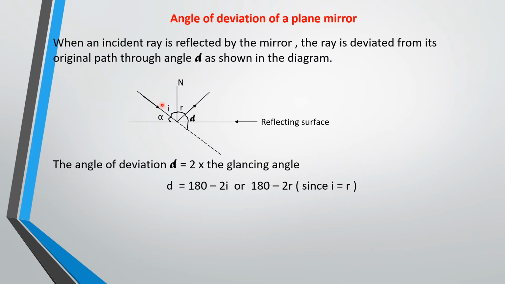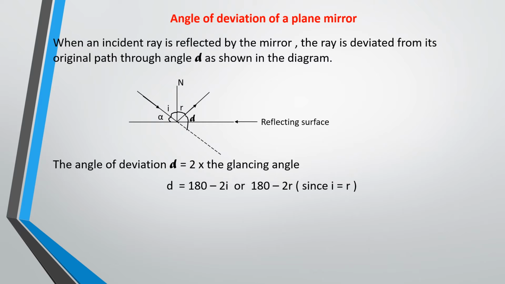Then when a ray of light is incident on a plane mirror and it is reflected, there is a deviation. Instead of the ray going straight normally, it is now deviated to give you the reflected ray. That angle of deviation is what we're talking about here, and the angle of deviation for this plane mirror is this angle.